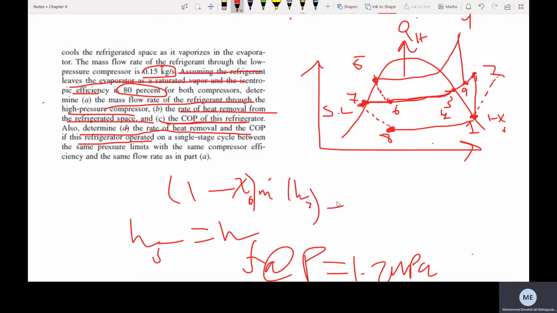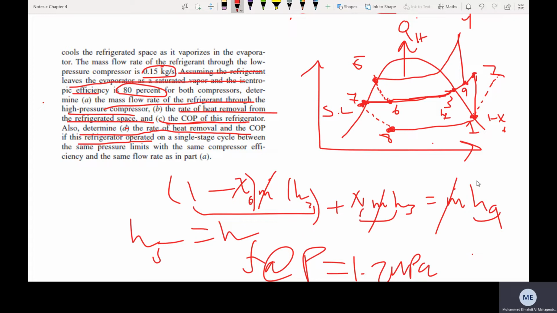So this is entering, and plus here point 3, it is going to be x6 multiplied by m dot and h3. This is going to be equal to m dot, which is the total, because at 9 we have the combination. I can eliminate the total mass flow rate to get specific ones. So 1 minus x6 multiplied by h2 plus x6 multiplied by h3 is going to always give you h9.